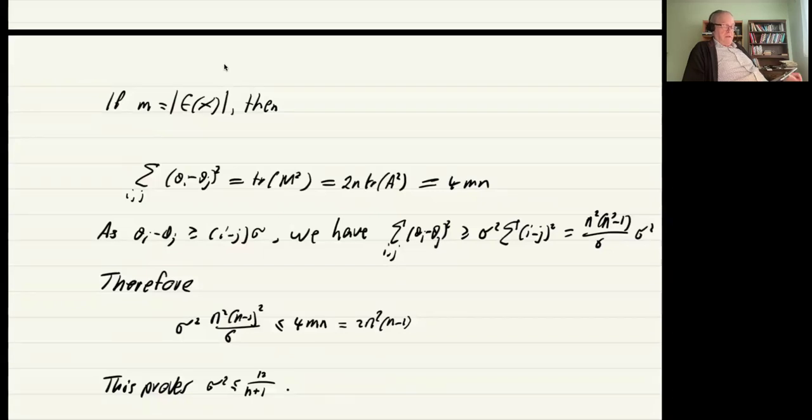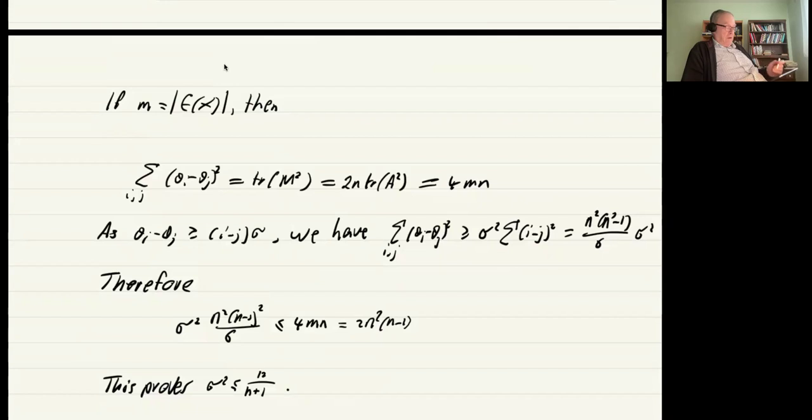And so the sum of the squares of the eigenvalues is bounded below by the square of sigma times the sum of the squares of the numbers 1 through n. In the notes, I worked it out, and this sum is equal to this. If you want an easy exercise in induction, you can go and prove that. It's also worked out in the notes.